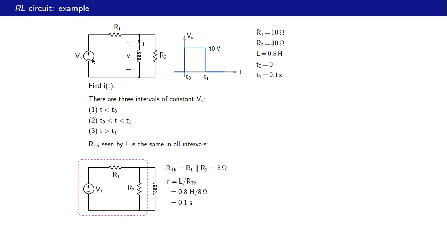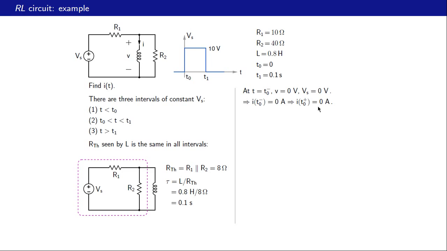Now Vs is 0 in this interval up to t0 minus, and therefore the current I at t0 minus must be 0, like that. Now since this I is an inductor current, we know that it must be continuous. That means I at t0 plus must be equal to I at t0 minus, and therefore we get I at t0 plus equal to 0 ampere.